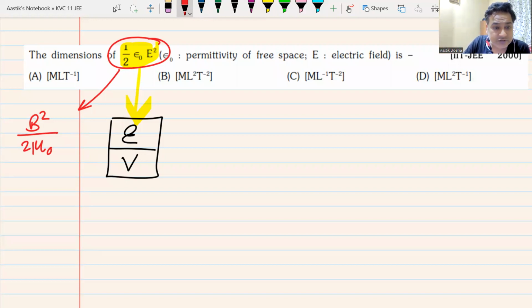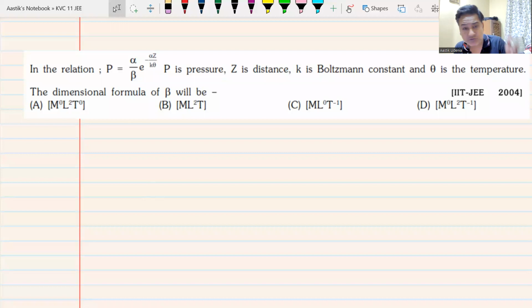And this question that I'm going to show you, I just saw this question coming in this year's JEE Main paper multiple times, in multiple sessions. This question has come in different ways.